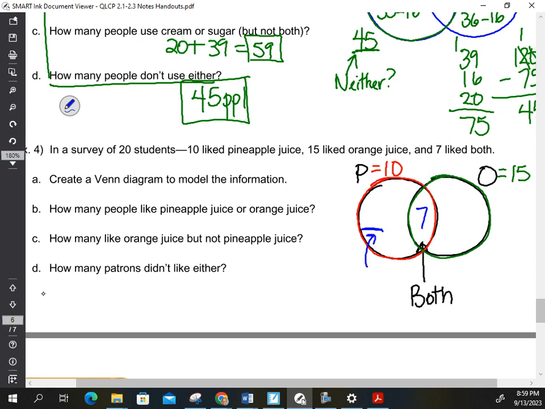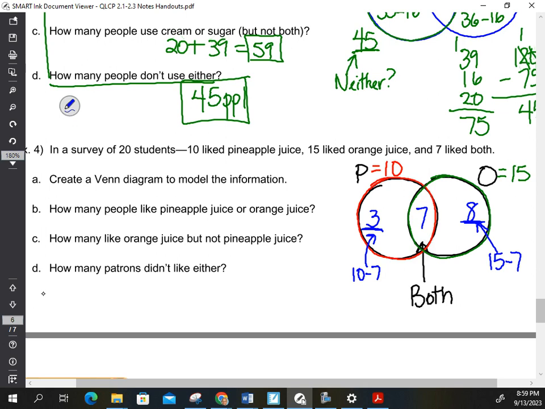So for the pineapple-only part, 10 minus 7 gives you 3. Now it adds up to 10. For the orange juice circle, the overlap and the individual part has to add up to 15. 15 minus 7 gives you 8.